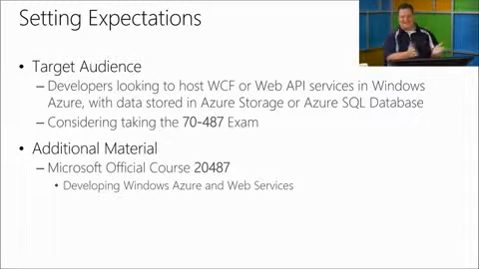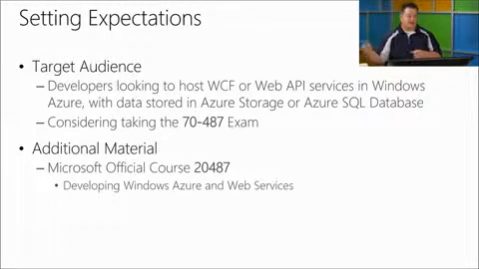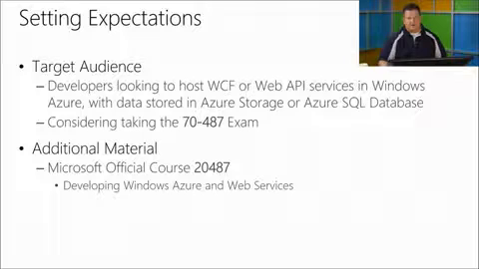So certifications were really how I justified, or at least proved my abilities through my career there. So I'm a strong proponent of it. And if you want to know more about the concepts that are tested on the exam, a great way to learn more about that is through the Microsoft official course and through a learning partner. Course 20487, Developing Windows Azure and Web Services, covers a lot of these topics in more depth. Here we're going through it in one day, so we're not going to have time to get deep on pretty much any of these topics.